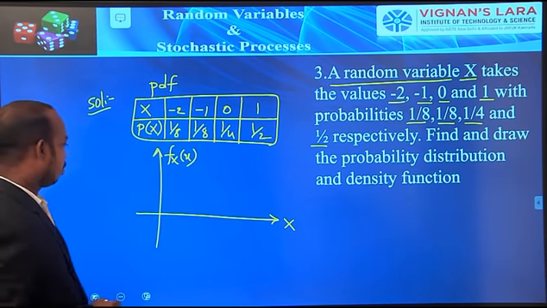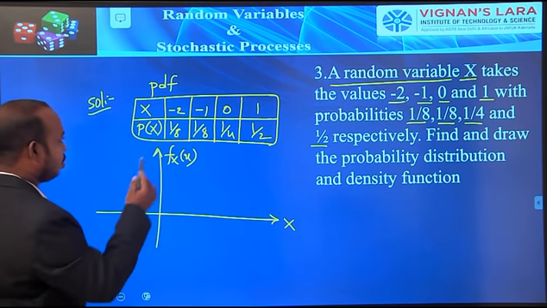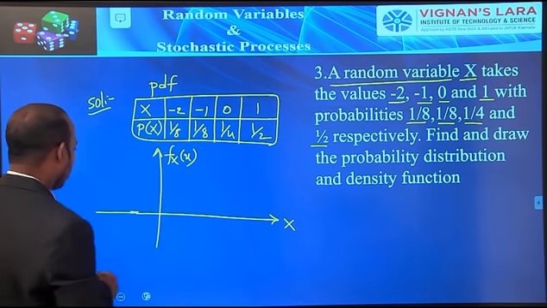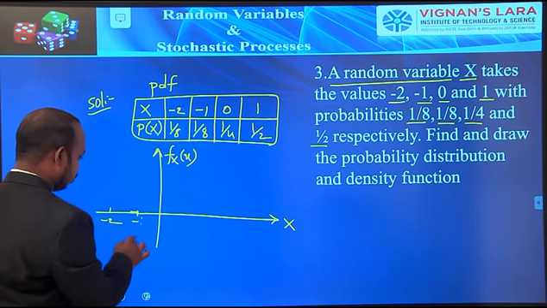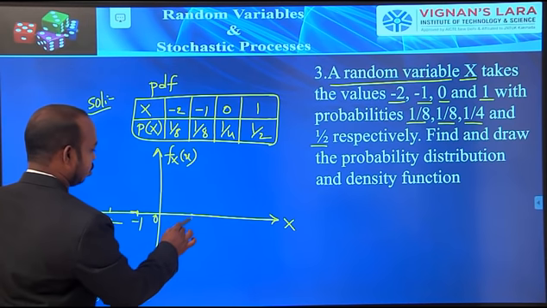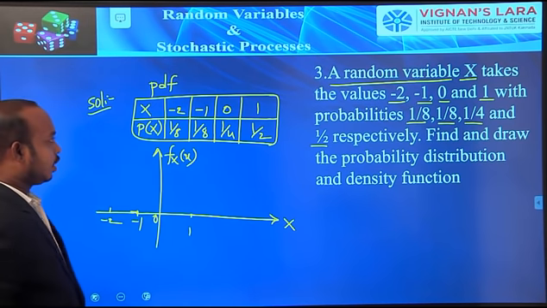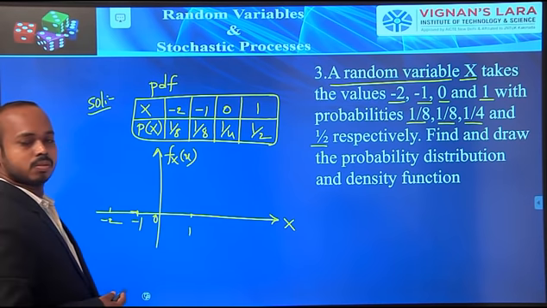The points we are having are -2, -1, 0 and 1.